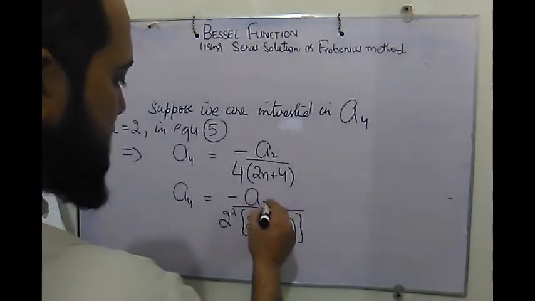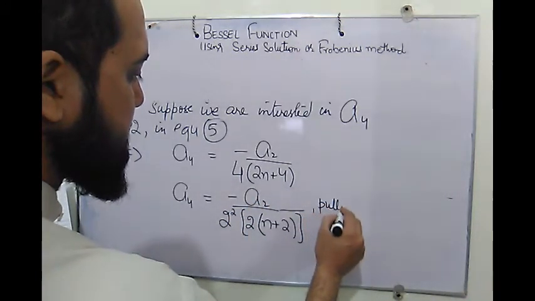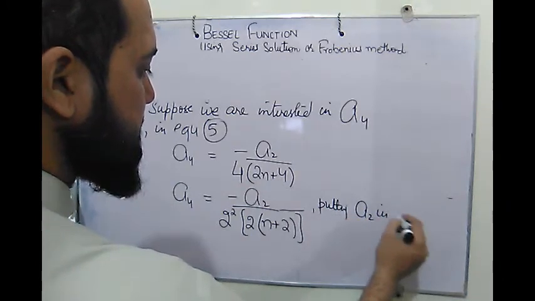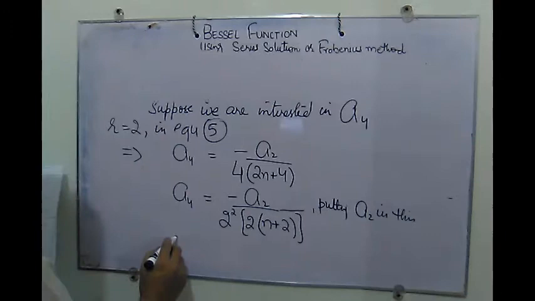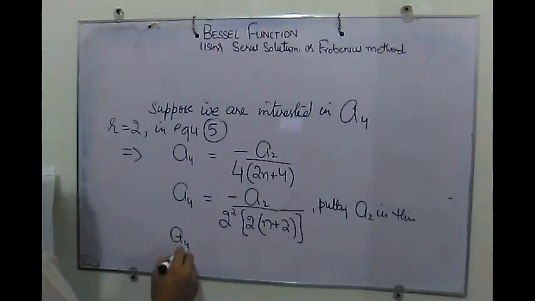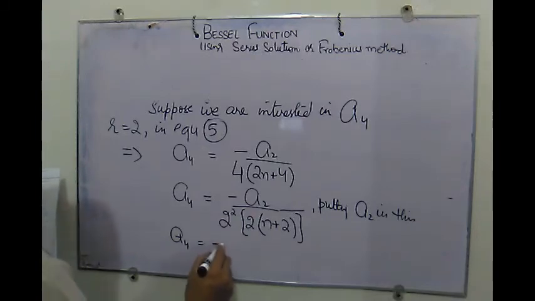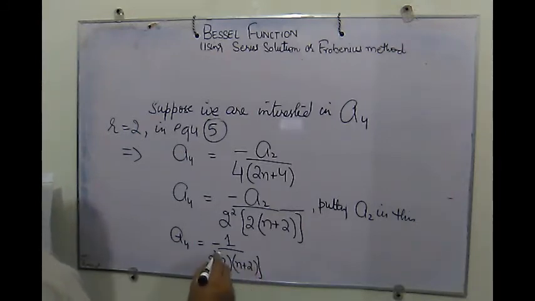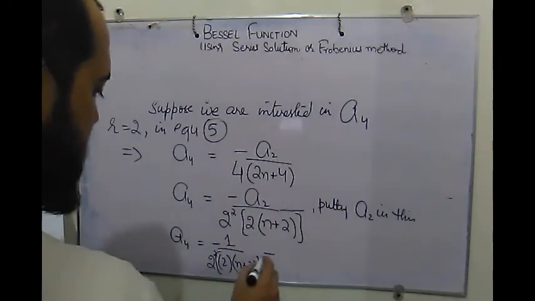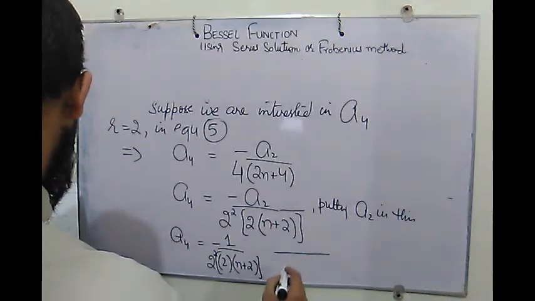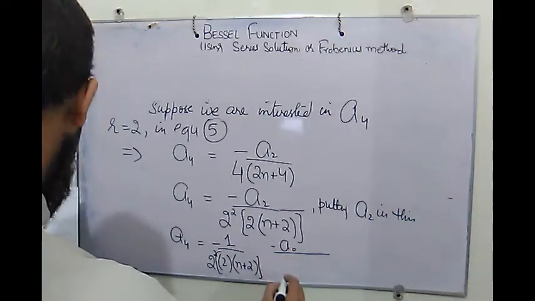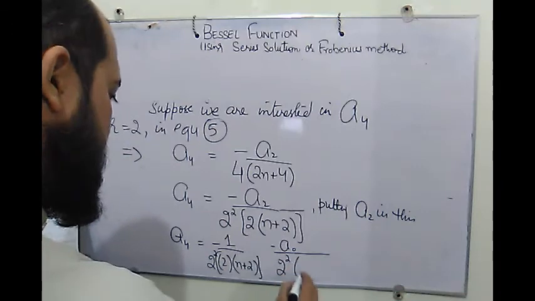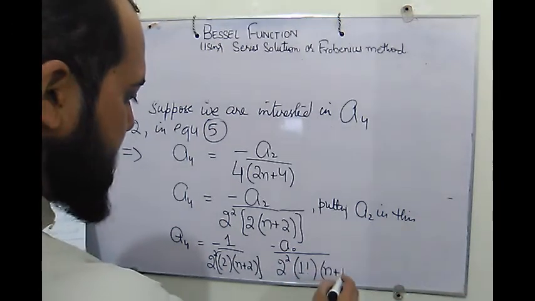Now if we put the value of a2 in the expression, we will get a4 is equal to minus 1 upon 2 squared into 2 into (n plus 2), and if we put a2, it was minus a0 upon 2 squared, 1 factorial, (n plus 1).